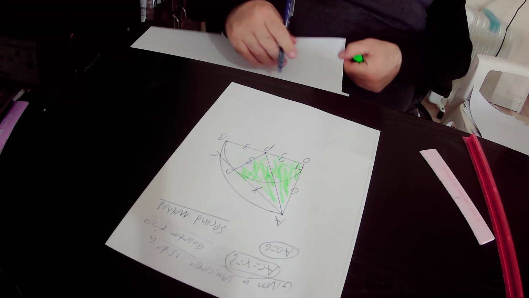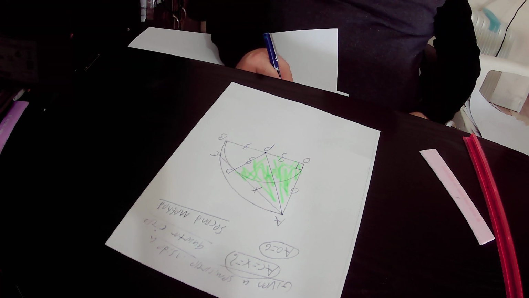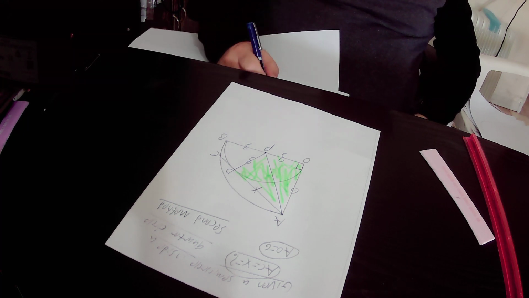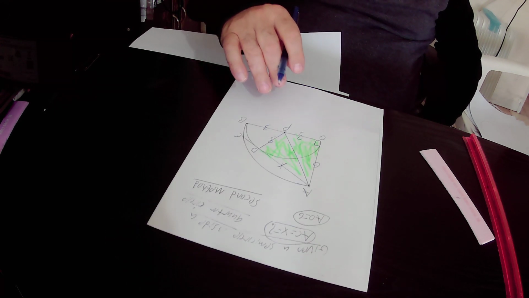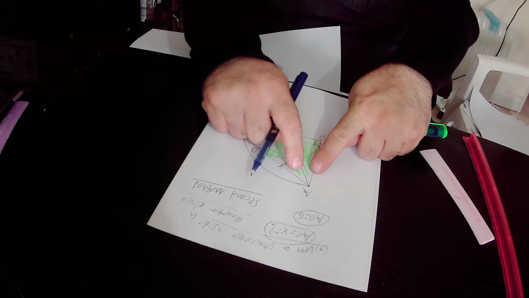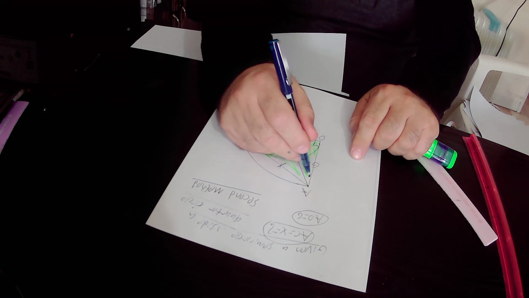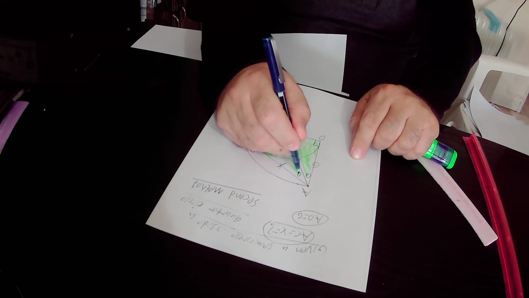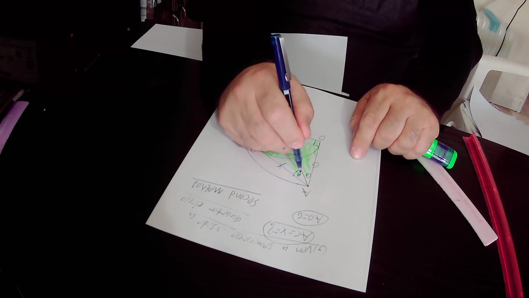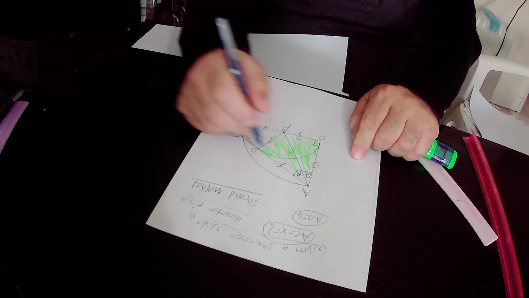Triangle AOP is congruent to triangle APD according to side rule, and from the fact that those two triangles are congruent to each other, we conclude that those two angles are equal to each other. So if one angle equals theta, then the other angle will also equal theta, according to what we have already done in the first method.